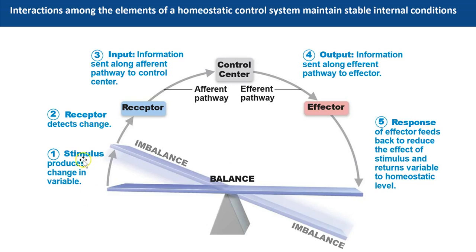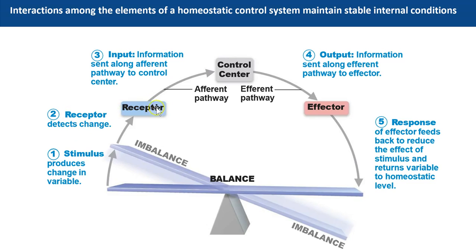When we have a stimulus, a change in the environment, whether internal or external, the stimulus produces a change in a variable and we lose the balance, so we have an imbalance.